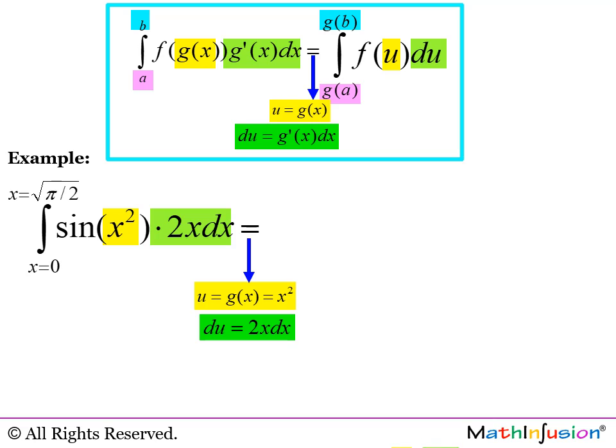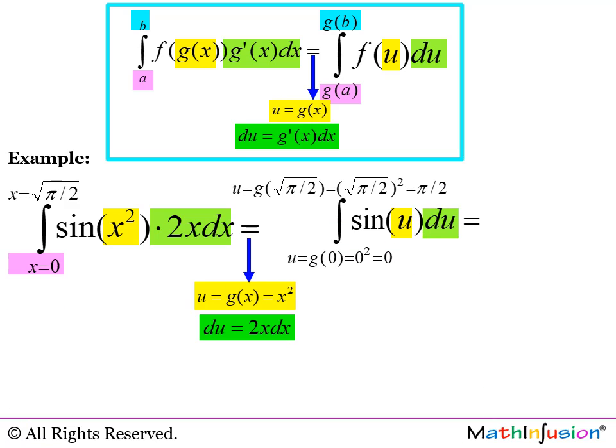When x equals 0, we are getting that u is g of 0, but g of 0 is 0 to the power of 2, which is 0. And what happens when x is radical of pi over 2?